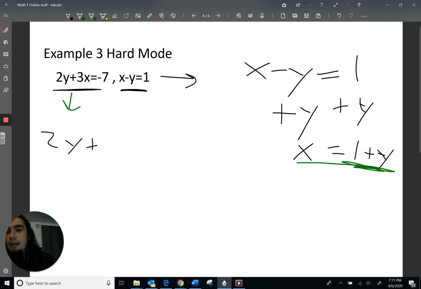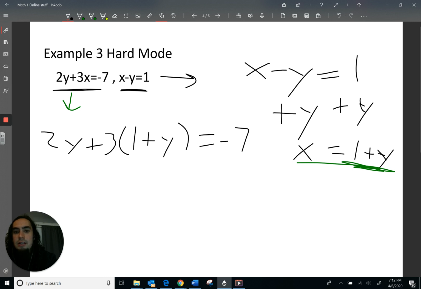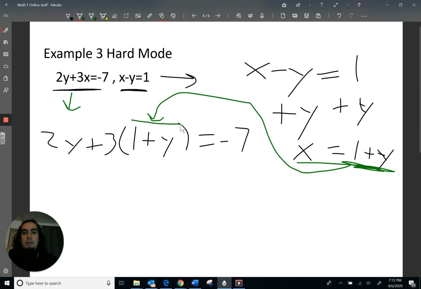So 2y plus 3x. What's x? X is 1 plus y. So I'm taking this, and I'm saying, I know that x is 1 plus y, so I'm going to plug that in right here.